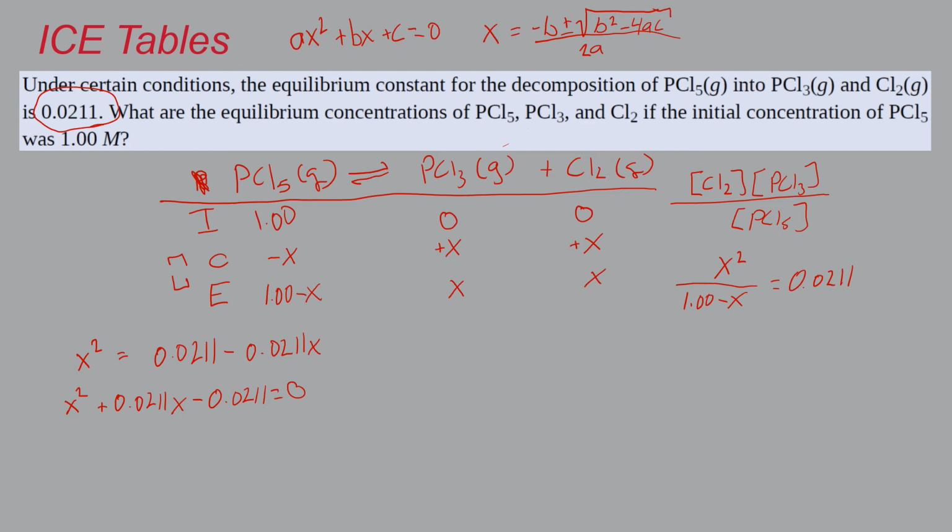And so in this case, I'm going to write the implicit 1 here. So a is 1. This is going to be b, and this is going to be c.